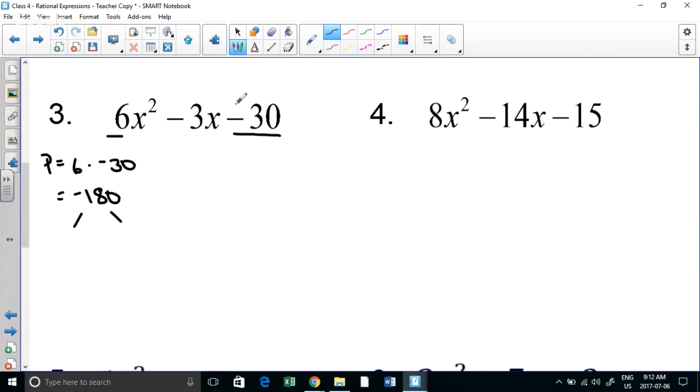Break this into factors. So I've got 1, 180, 2, 90, 3, 60. Have to check it out. Sometimes you'll have to use your calculator and do some calculations. 4 is 45. 5 is 36. 6 is 30.